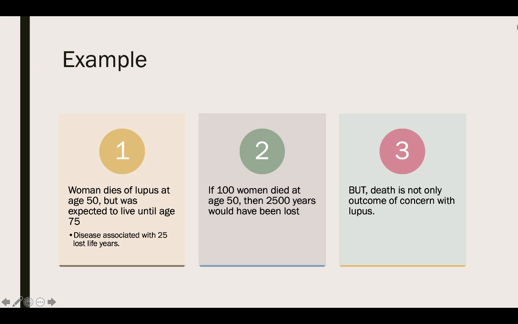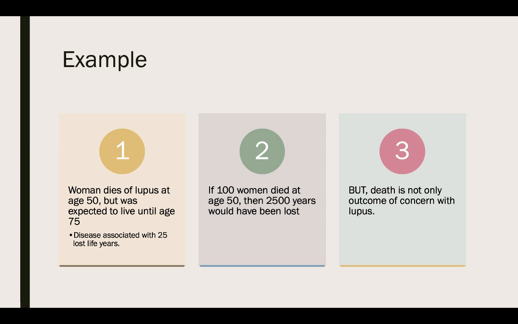A quick example for you. Let's say we've got a patient who dies of complications from lupus, and she is 50 years old, and expected life expectancy for this woman is 75 years. Well, we've lost 25 life years.